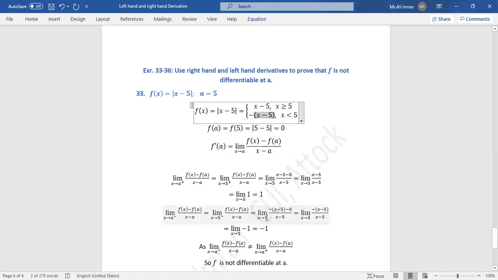Using this, limit x approaching 5 minus, minus of x minus 5, and the value of f of 5 is 0, divided by x minus 5. Cancelling the same factor from the numerator and denominator, we have limit x approaching 5 minus of minus 1, and the limit of minus 1 will be equal to minus 1.